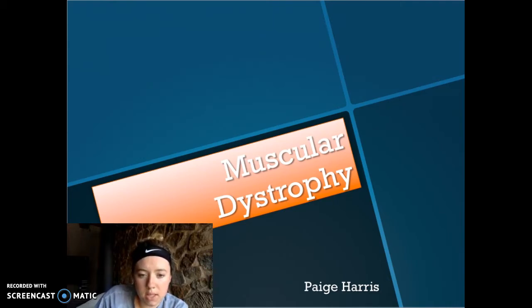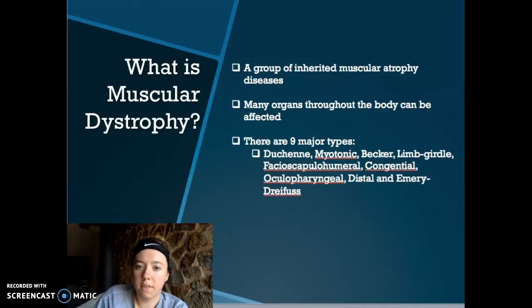There's a lot to go with this topic, so I'm going to try and present it to you as clear and as organized as possible. So let's start by looking at the definition.